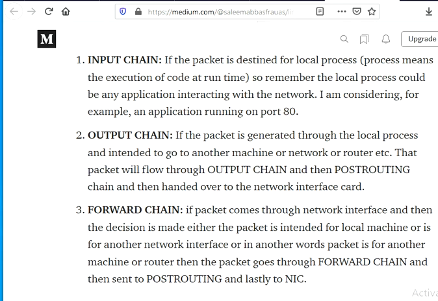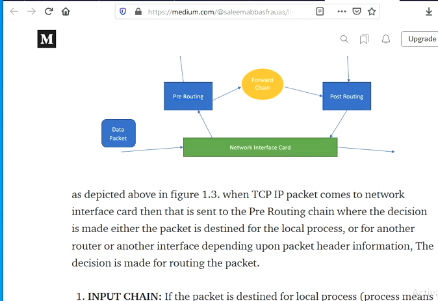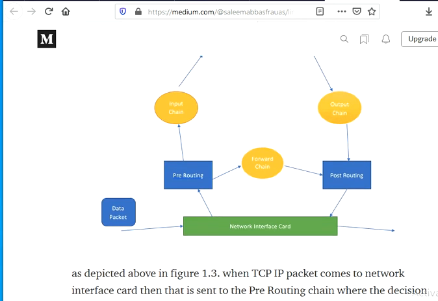This is a little description of the Netfilter architecture.